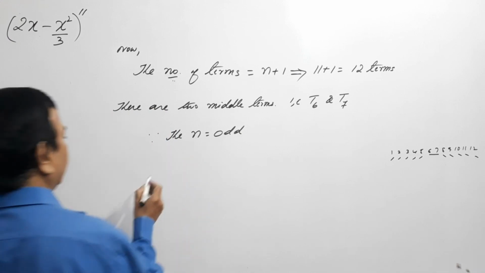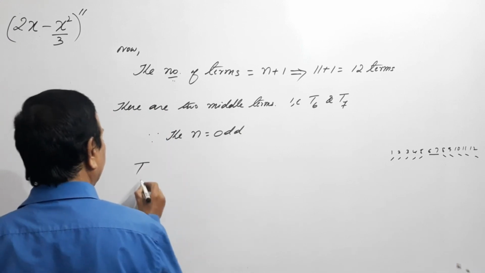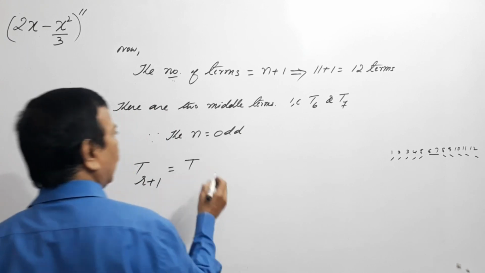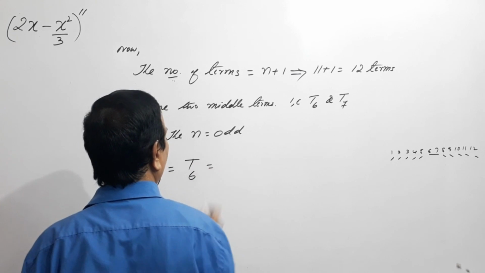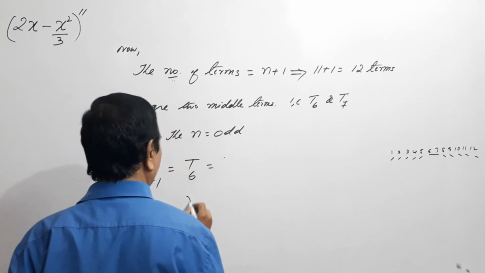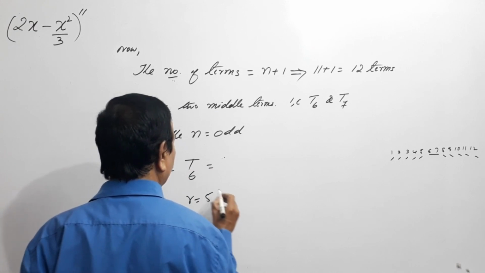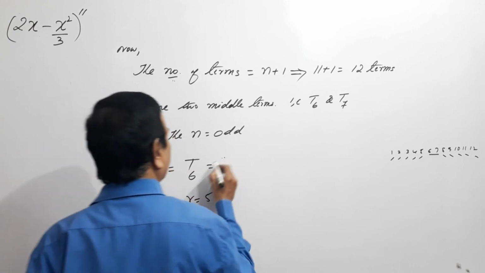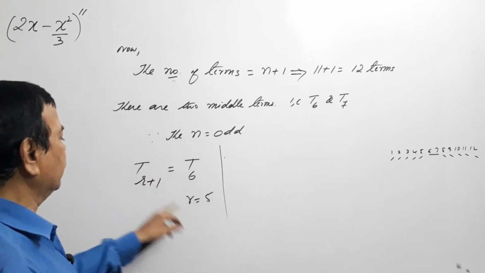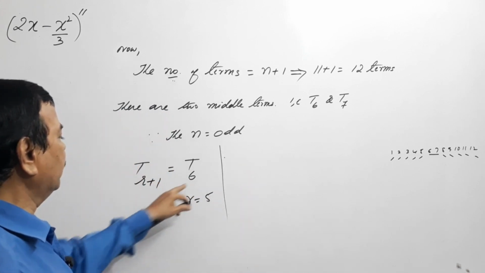Now we will calculate T(r+1). T(r+1) equals T6, therefore r equals 5, since 5 plus 1 is 6.